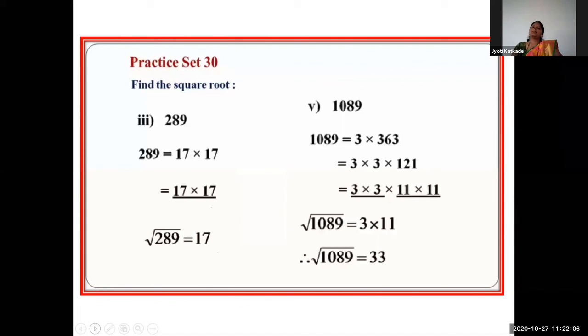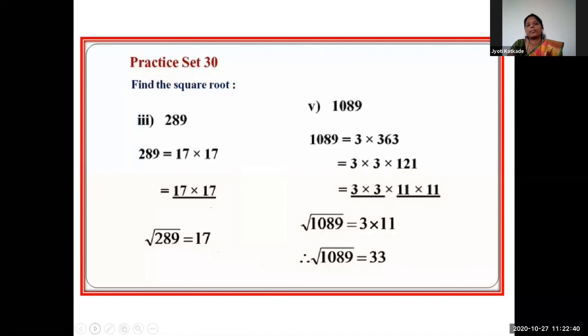Ma'am, a raised to mn. No, multiplication means first a raised to m, multiplied by a raised to n, so we write the answer a raised to mn together. When the base is same and multiplication is there, which process do we have to do?